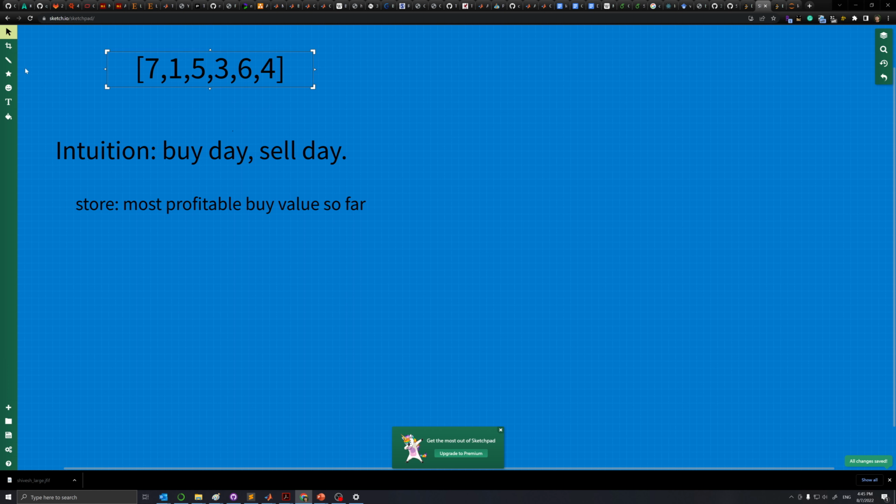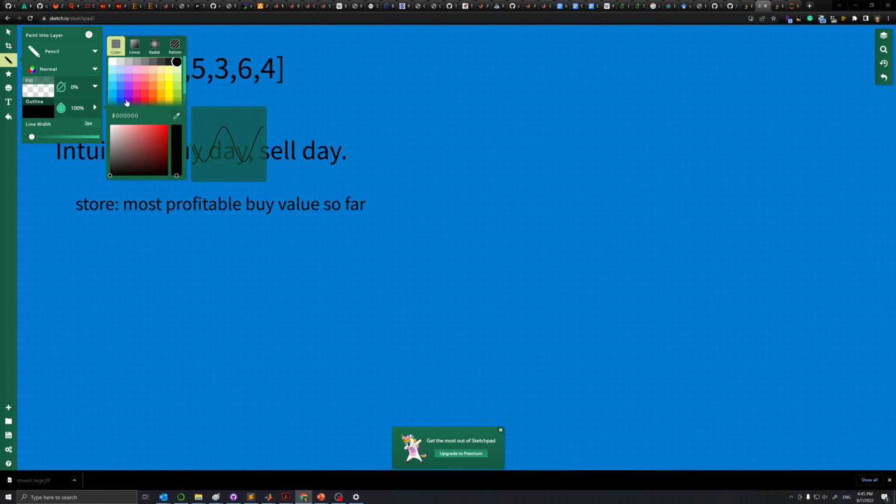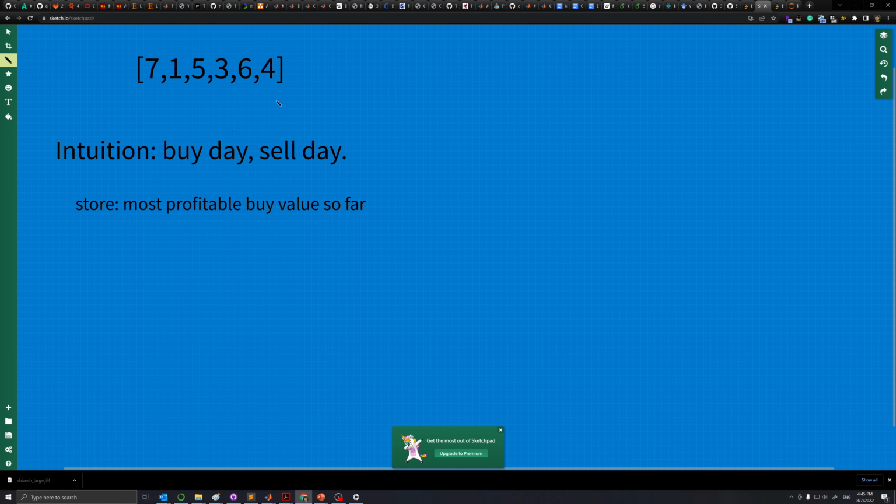We're back to normal. Now let's just use this purple color, and we're gonna start from day one, or day zero, actually. Use zero indexing, please. We start from day zero and we move on. And once we move on, we see what is so far our most profitable buy value.